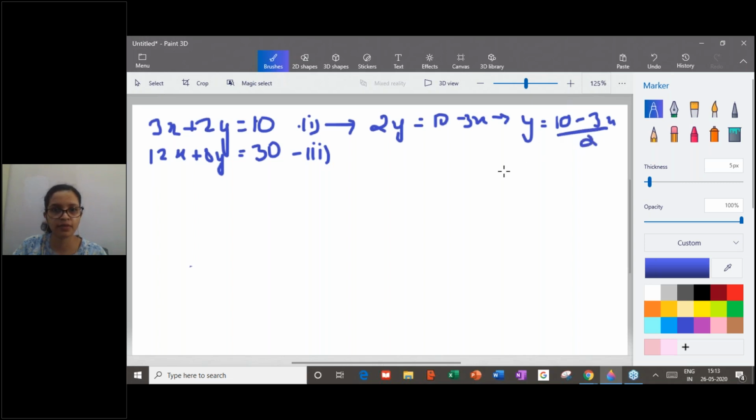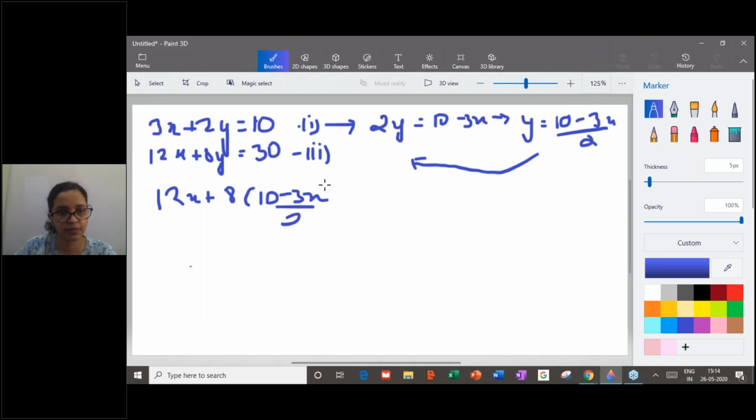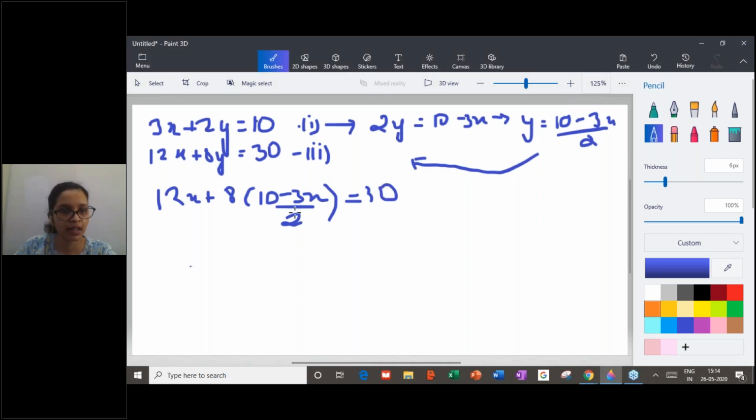So I'm going to substitute the value of y in this equation. What do I get? 12x plus 8 into (10 minus 3x) by 2 is equal to 30, right? I can cancel this out, right?